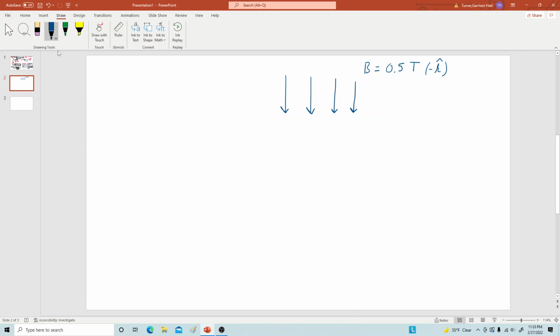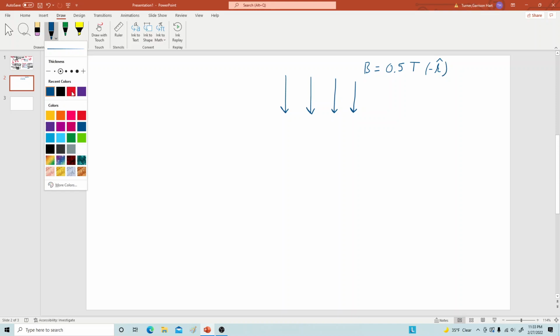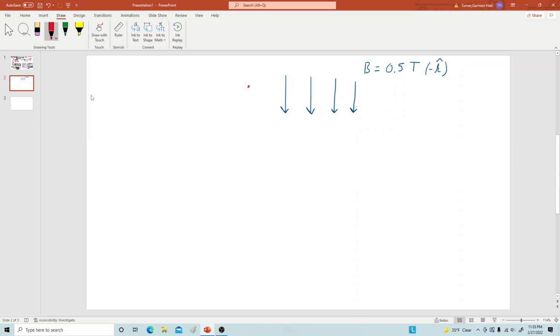And if I inject a particle, let's say a proton, so Q is going to be 1.6 times 10 to the negative 19 coulombs, and let's give it an initial velocity of 4 times 10 to the 5th meters per second. We'll put this in the i direction.